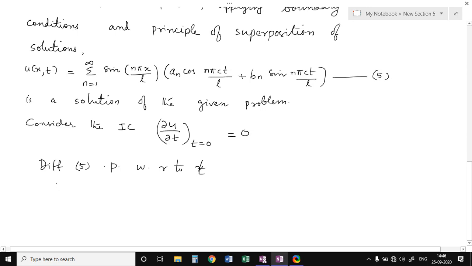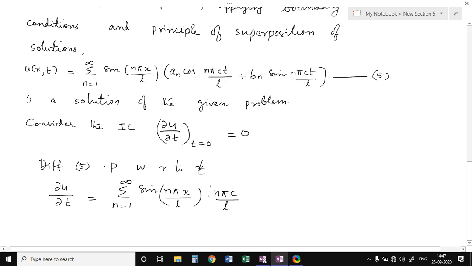So ∂u/∂t is equal to summation n varies from 1 to infinity sin(nπx/L). Then while differentiating we will get one constant here as a common factor. So we can write it as nπc/L, that is the coefficient of t in this cos function and sine function, coefficient of the argument.